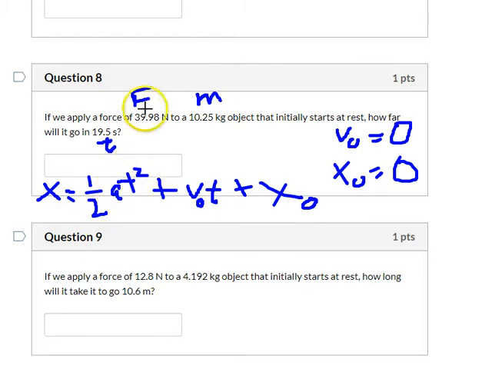We don't know a, but we know F and we know m. So from Newton's second law, a is F over m. We stick a into this equation along with the time, and that tells us how far this object has gone in this amount of time.